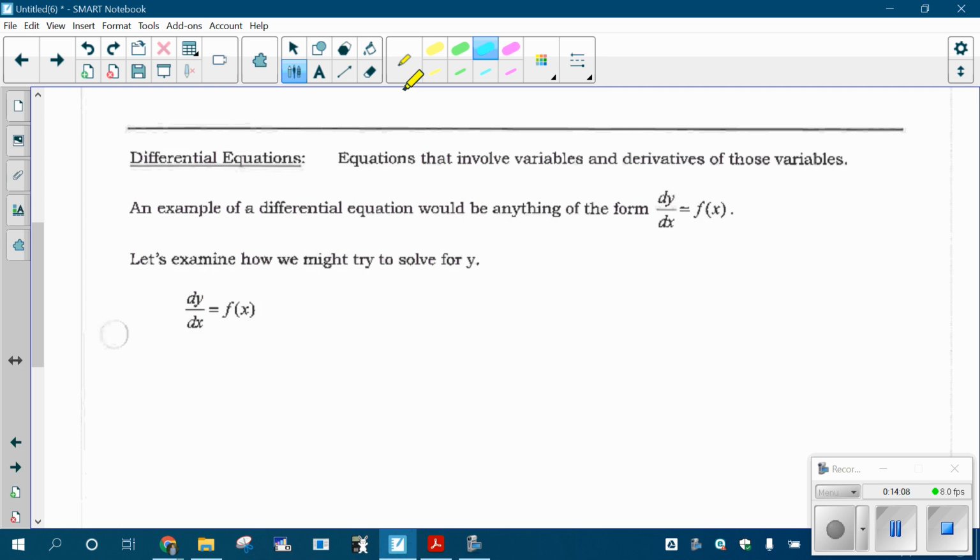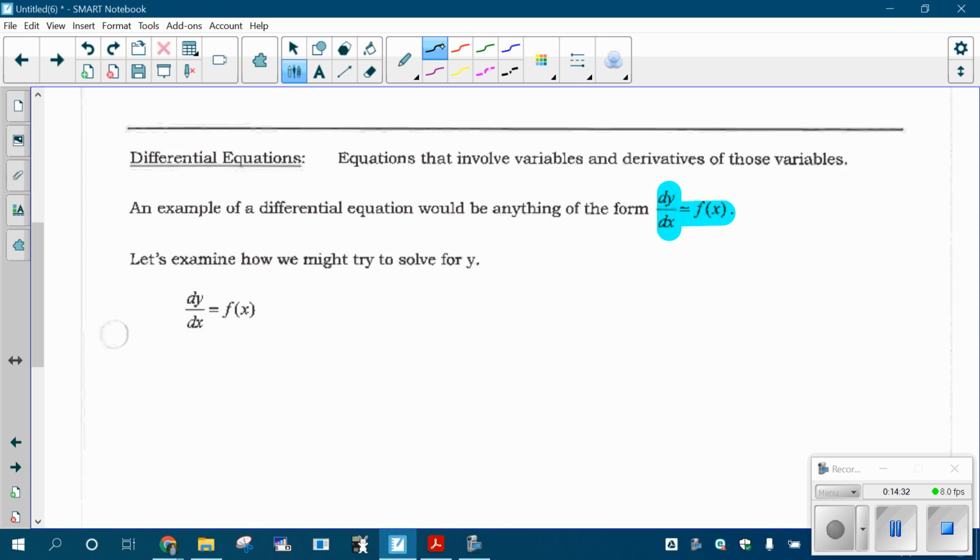And the ones we're going to look at are going to look like this. They're going to tell us dy dx equals something, and we're going to find out the original function. They're going to tell us the derivative, we're going to find the original function. Okay? The original function y in this case. Watch this. How are you going to do this? Pretty straightforward. First, if they're telling us the derivative, well, then we have to go backwards. We have to do the antiderivative.